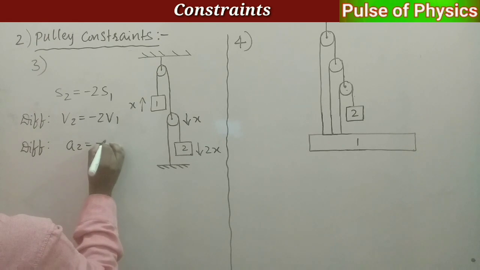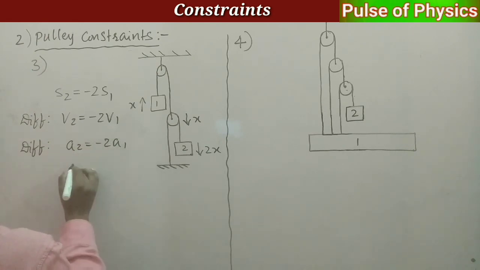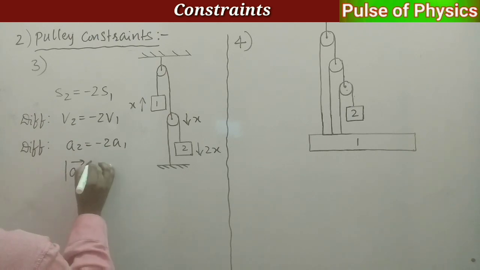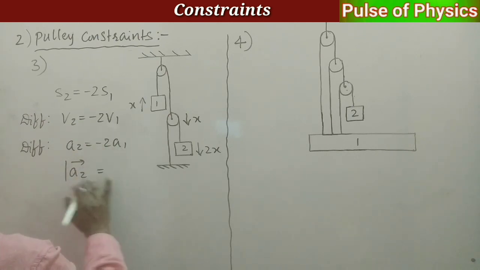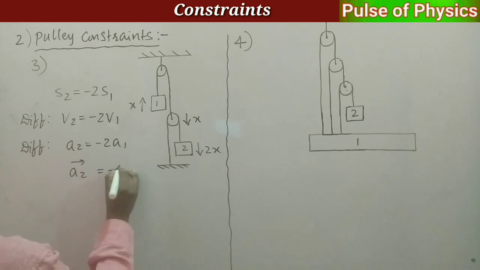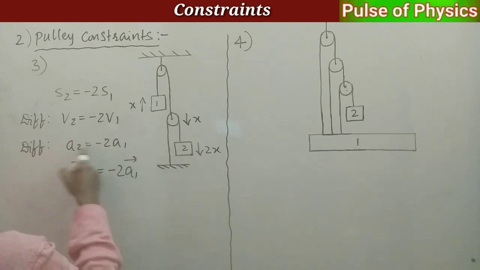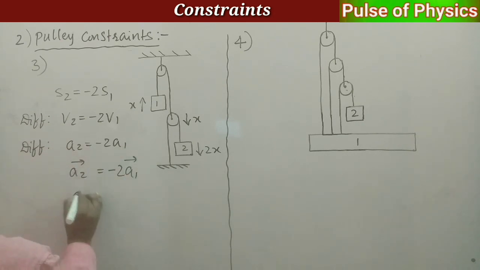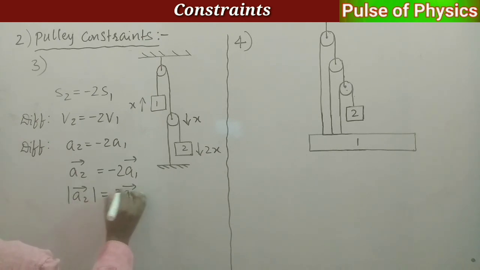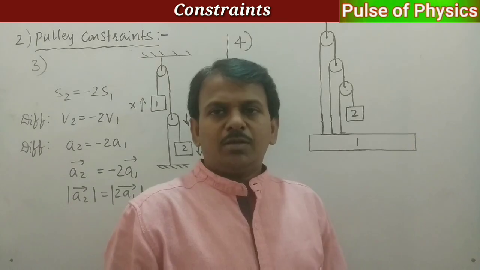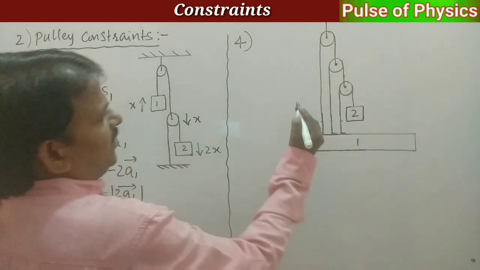A2 is equal to minus 2A1. Therefore, in vector form we can write a2 vector is equal to minus 2 a1 vector. In magnitude form we can write a2 is equal to 2a1. Have you got this?